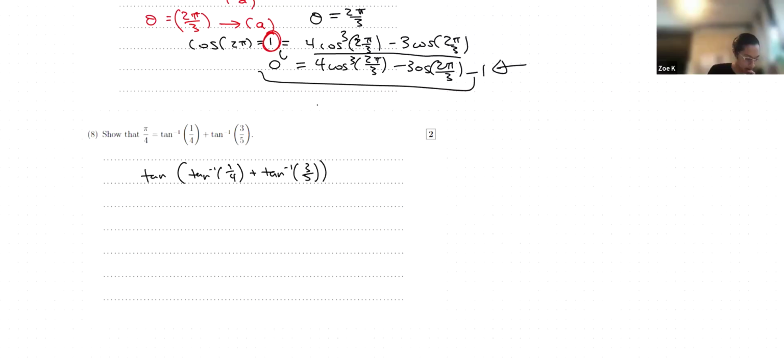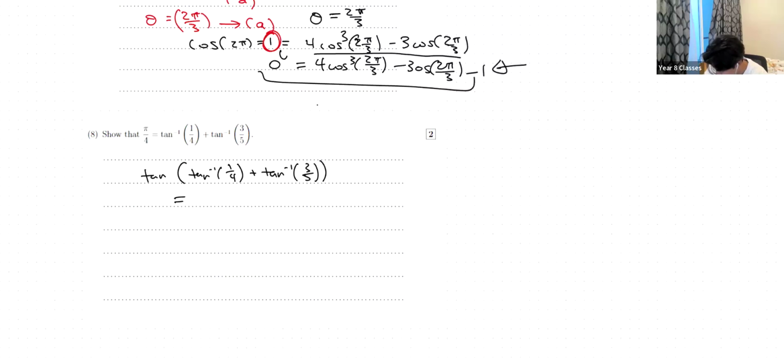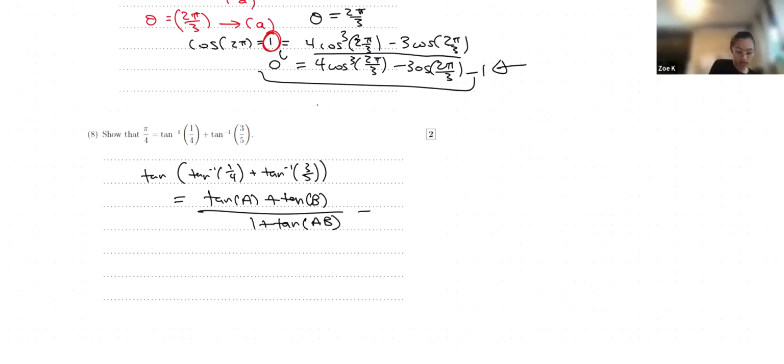Yep. So I'll just write out the formula for you. So it's going to be (tan A plus tan B) over (1 minus tan A tan B). So think about what this is going to give you.